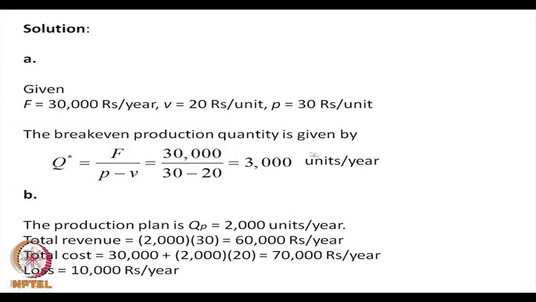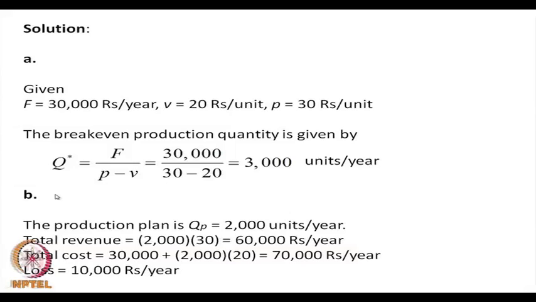That means, the firm should produce 3000 units per year to be able to make up the cost, to break even at this point, no profit, no loss situation.